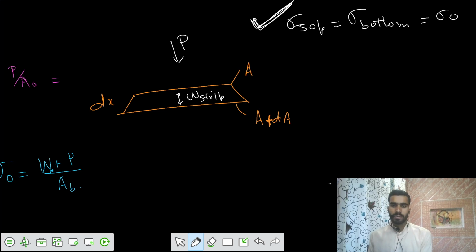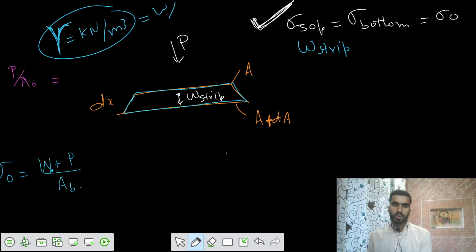What is the volume, or what is the weight of the strip? Can you calculate that? We had some material whose unit weight is gamma, kilonewton per meter cube. So that is weight upon volume. The weight of the strip would be gamma times the volume of that strip.